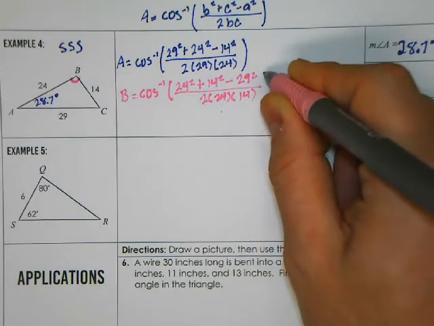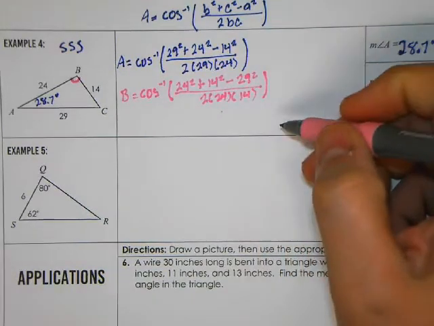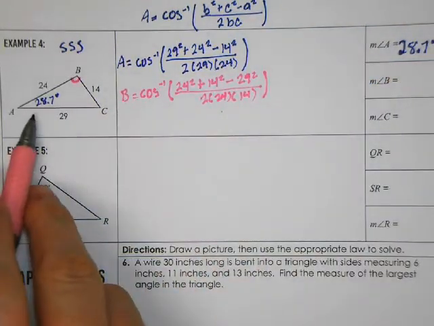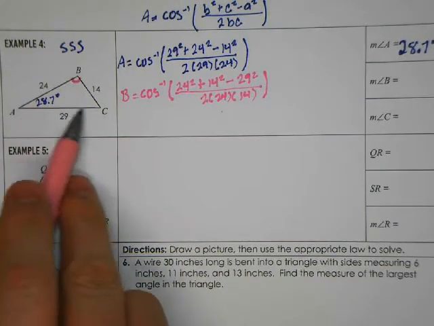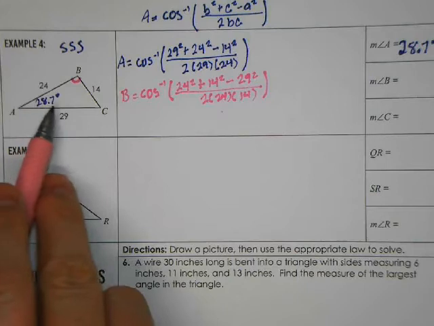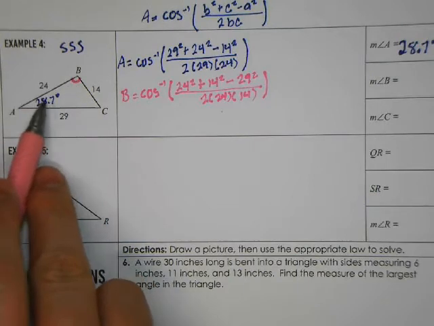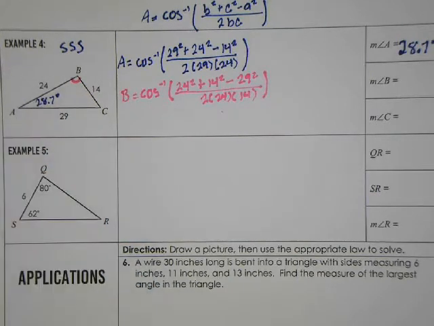Now, if I do everything right, at least as an indication of whether I'm getting something correct, I'm looking here, angle B is across from the biggest side. So this angle better be bigger than this angle. So let's see what the calculator gives me.